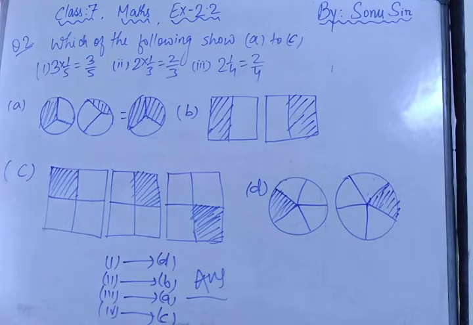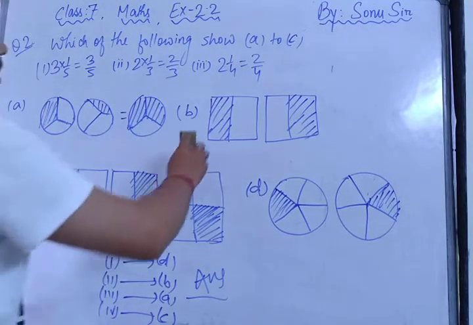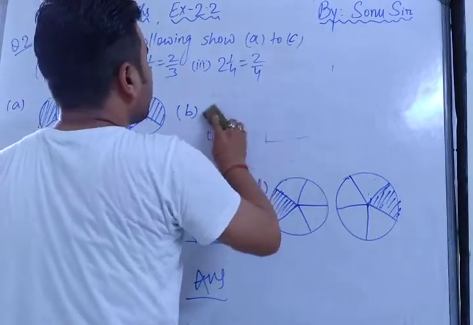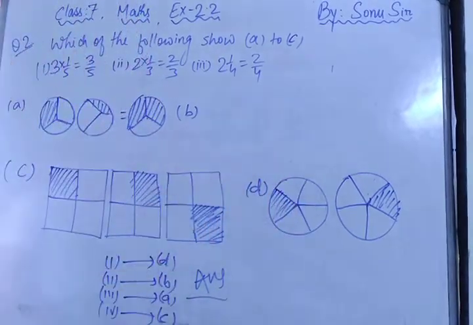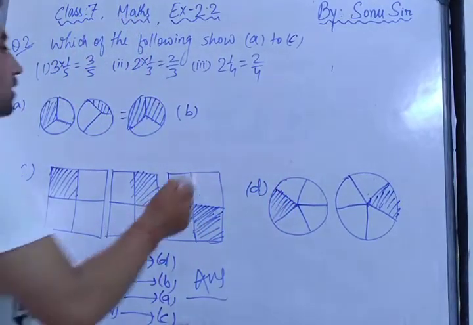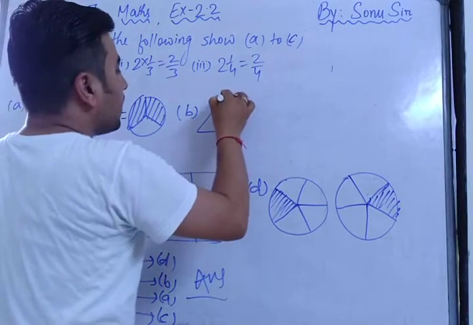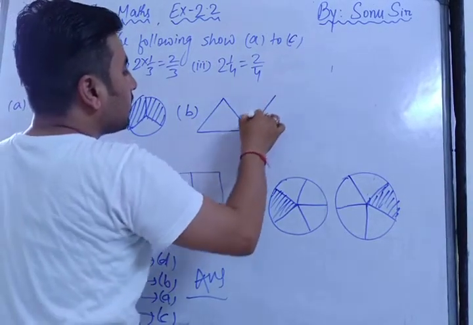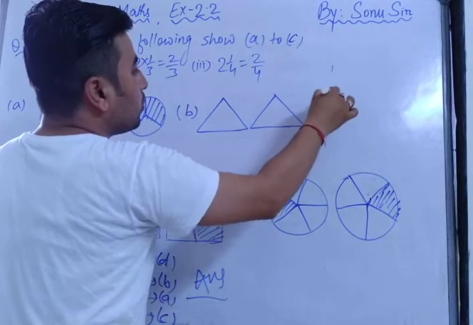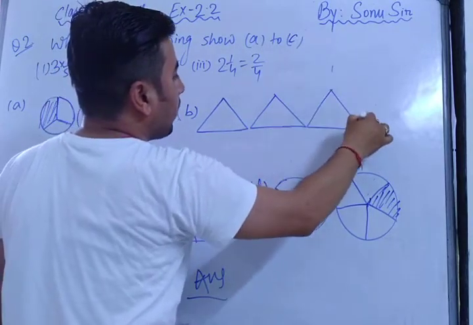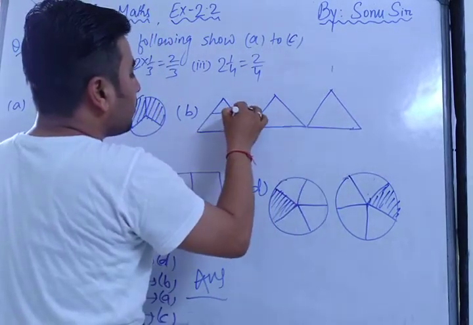Similarly, option B is about triangles. 3 triangles are there, divided into 4 parts each.